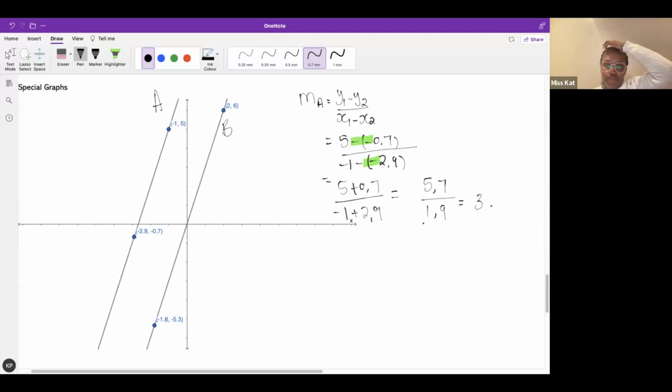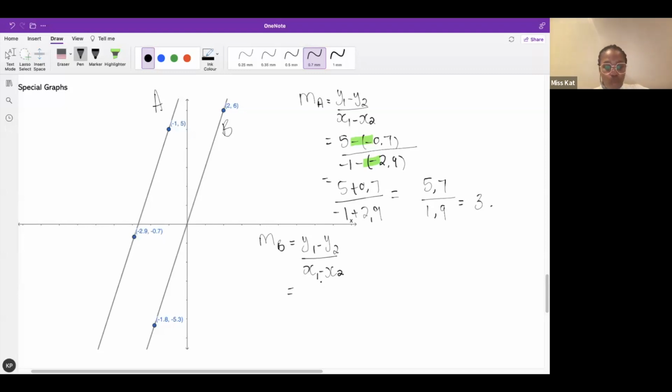Now let's do the one for B. Okay, so use the same formula. m equals y1 minus y2 over x1 minus x2. Substitute.